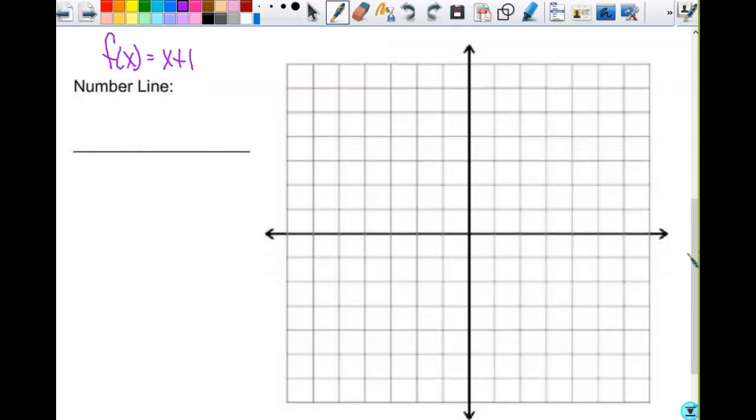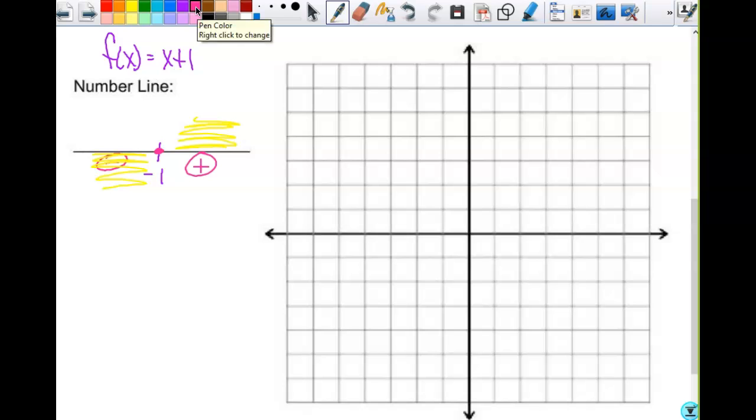So my number line then, the only thing I put on there are my zeros, so -1. This is closed. And so if I substitute in a -2, it's going to give me negative overall. If I substitute in 0, it's going to give me positive. This is negative and positive. And then let's plot what we know.